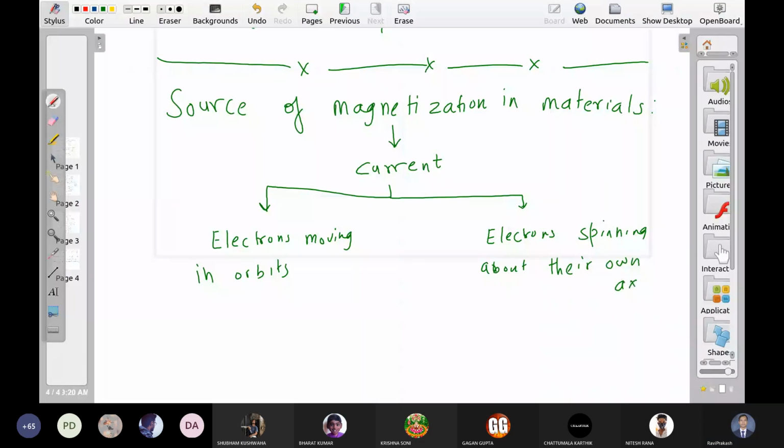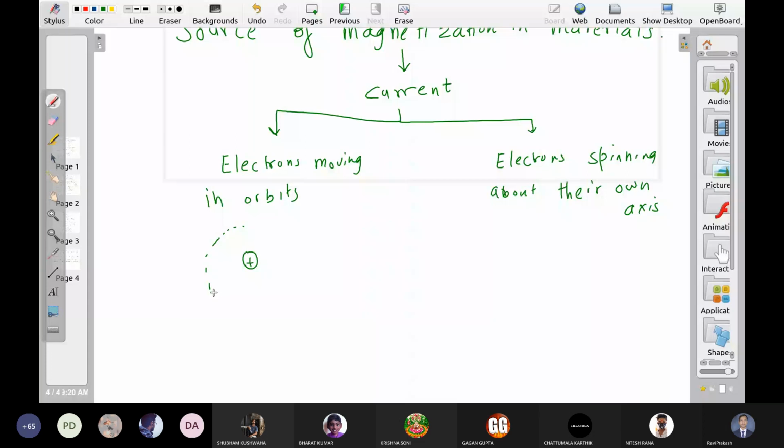Let us say this is the nucleus, the positive core. The electrons are rotating around this positive core. Other source: we have one electron, and this electron is rotating around its own axis. So this is like Earth moving around the Sun. It takes 365 days.